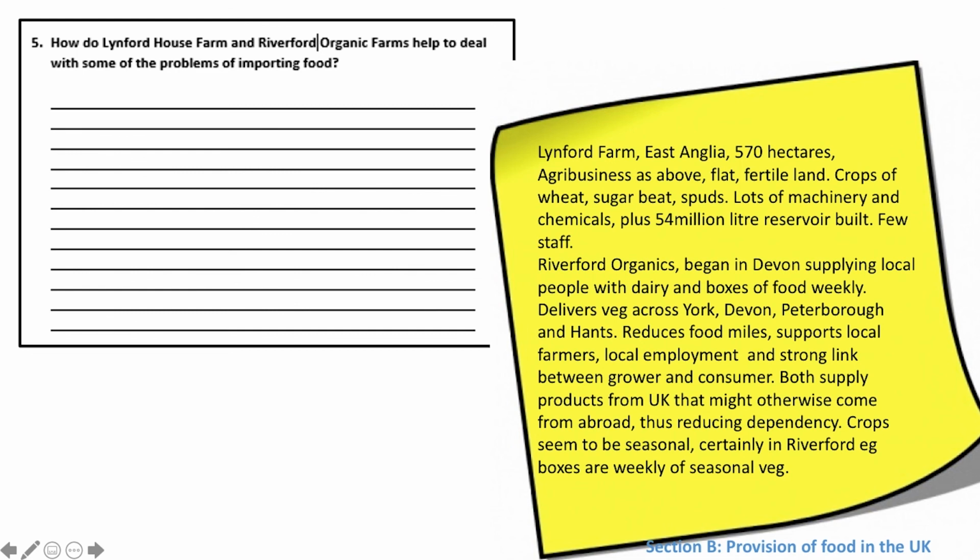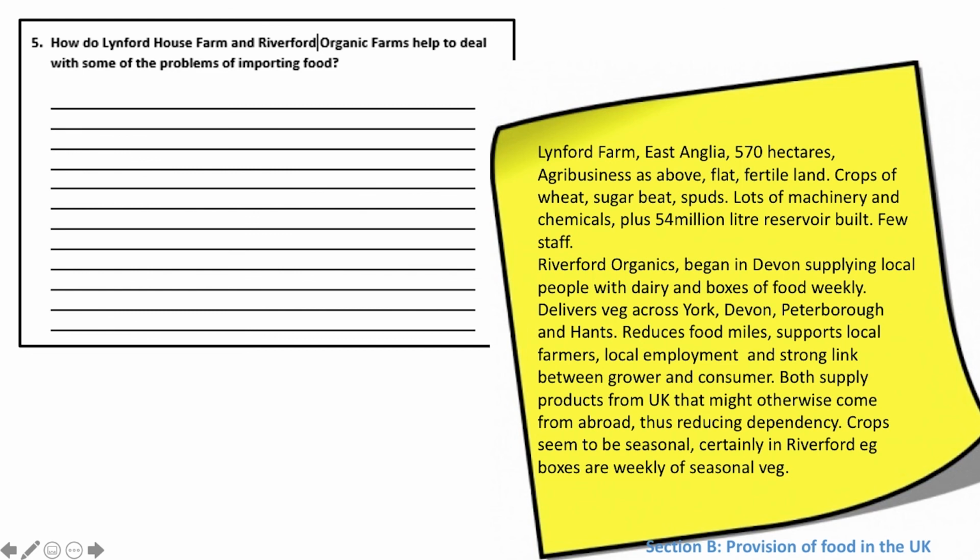Whereas Riverford Organics is a different sort of business which began in Devon, supplying local people with dairy and boxes of food weekly. And that sort of developed and grew. Now it works across York, Devon and Peterborough and Hampshire. This model is about reducing food miles and about supporting local farmers.